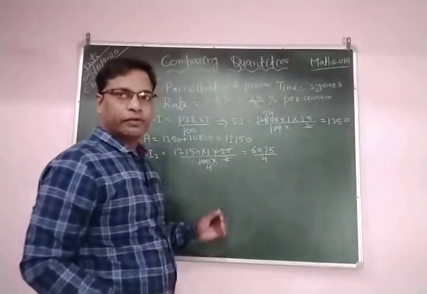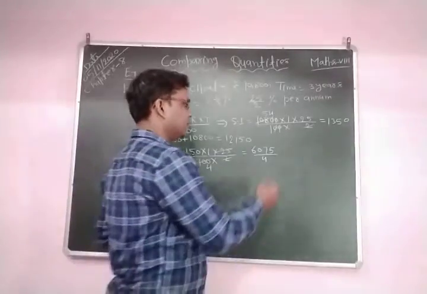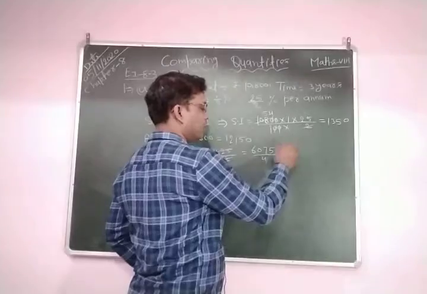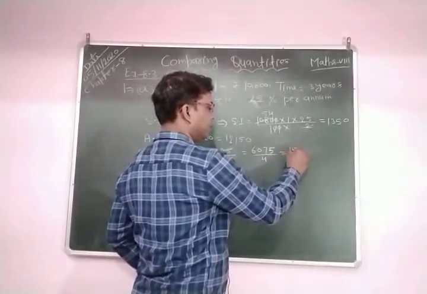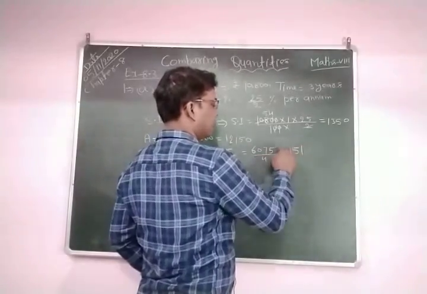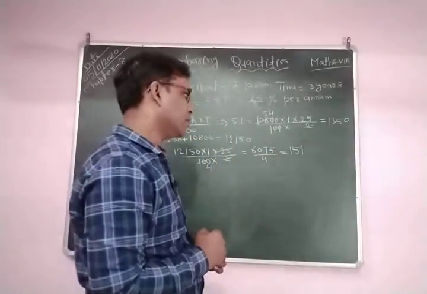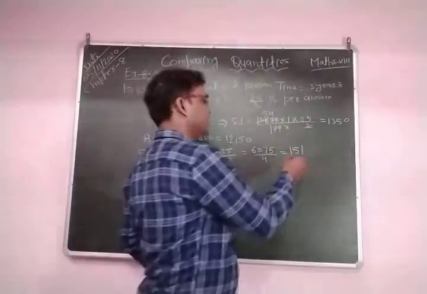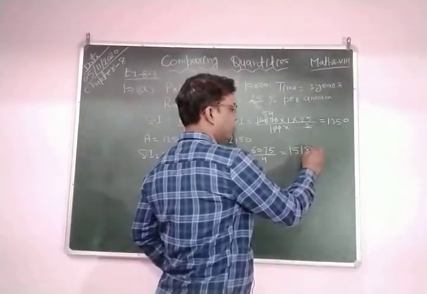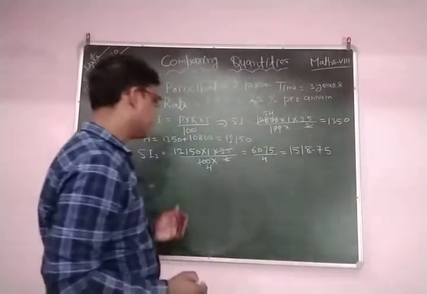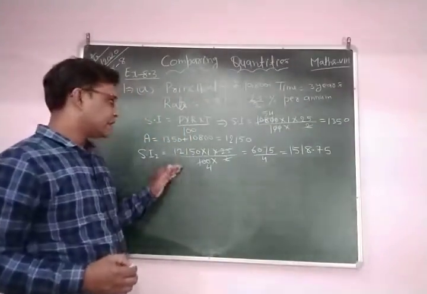Now when you divide by 4, then we obtain 1518.75. Okay, so this is the simple interest for second year.